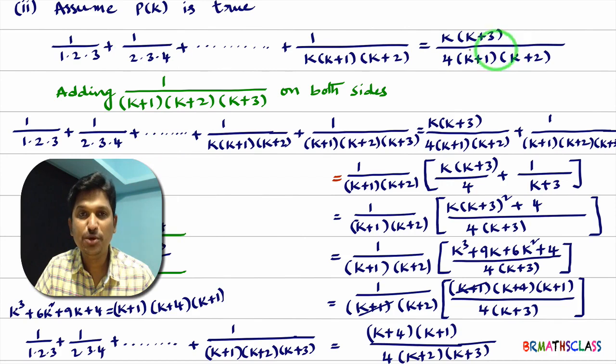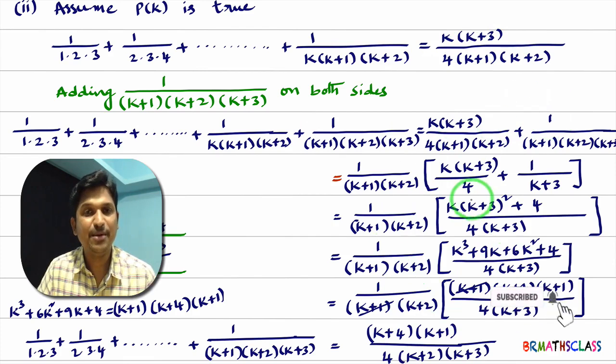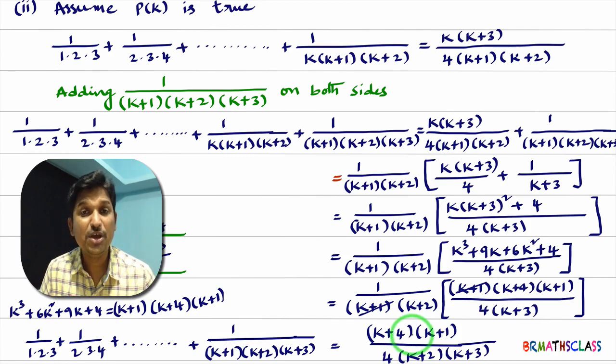As you assumed P of k is true, after adding a term on both sides to this, whatever you will get, that is also true. I just did a little bit of simplification in the right hand side part. Now whatever you got, this is true. What is this? This is P of k plus 1. That means P of k plus 1 is true.